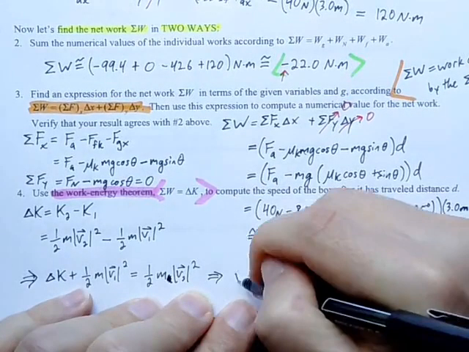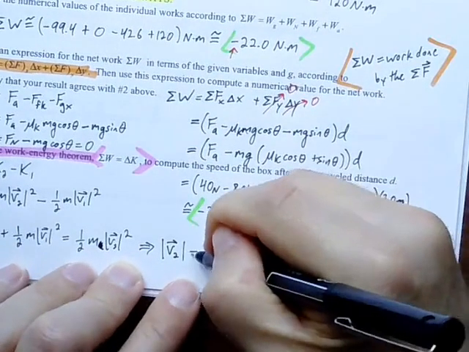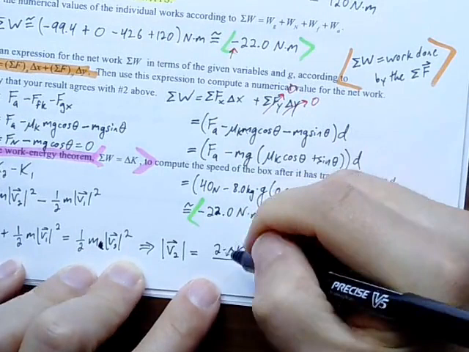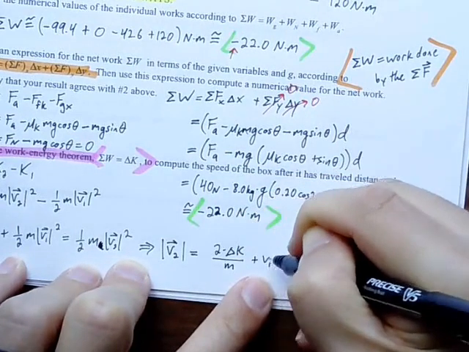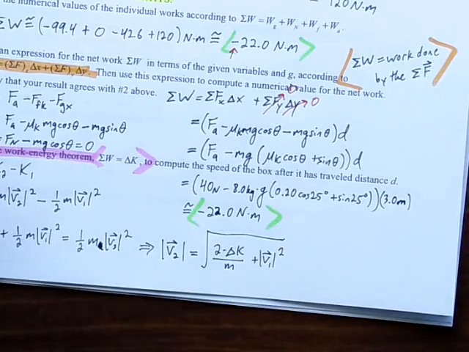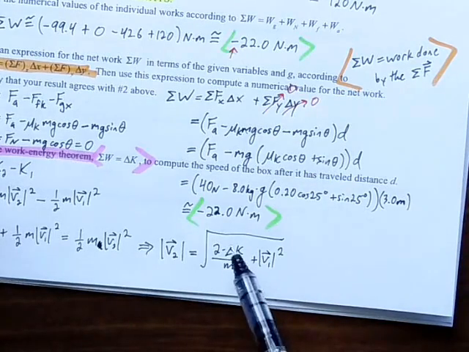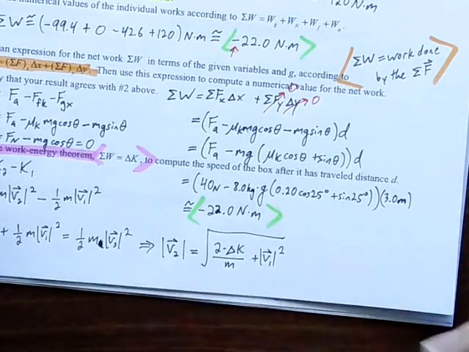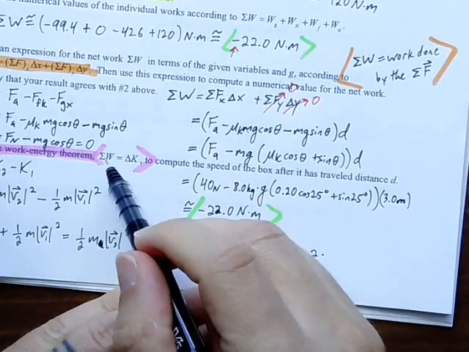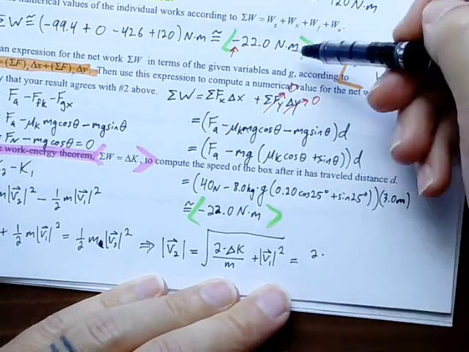So v2 magnitude, the final speed, will be equal to 2 times delta K over the mass plus v1 squared, square rooted. And here's where the work-energy theorem comes into play. Delta K is equal to the net work done. So if we plug in our numerical values, we would have 2 times delta K, which is the net work done, which is this negative 22.0 Newton meters.